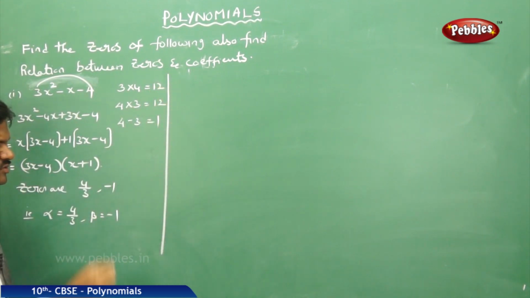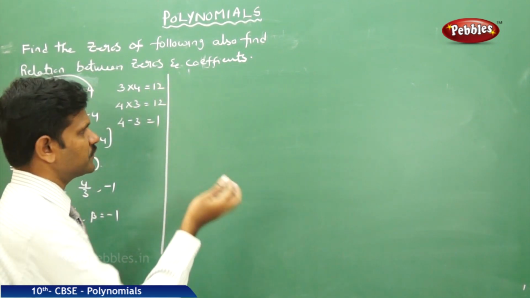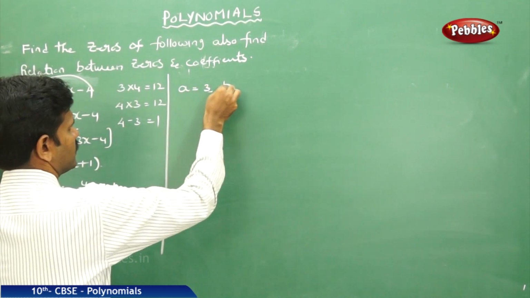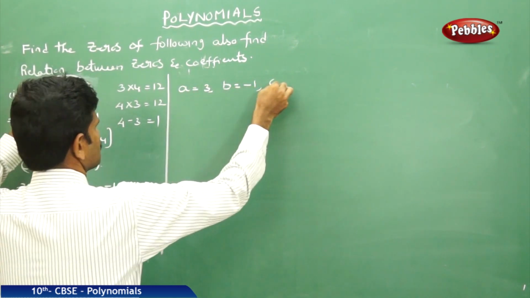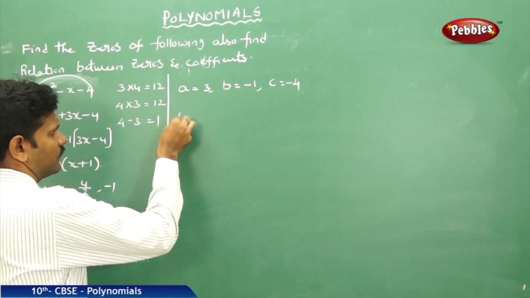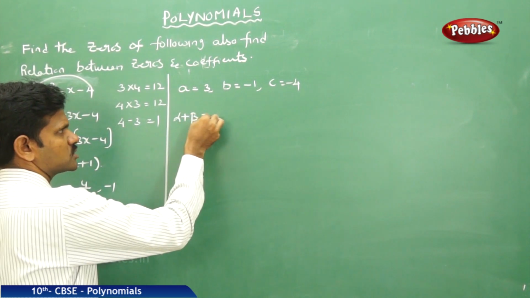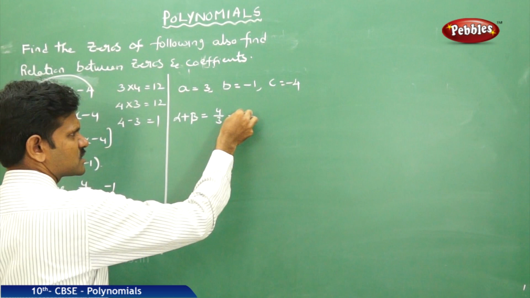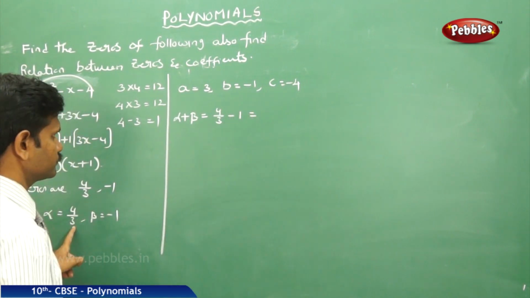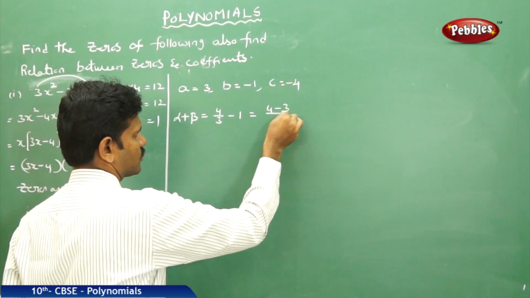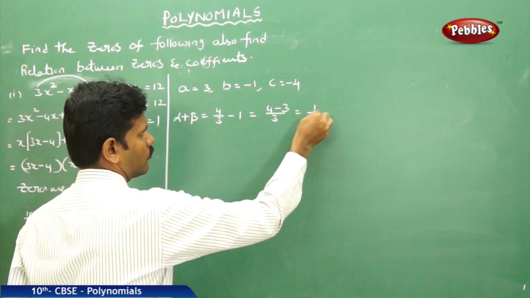Now let us consider the coefficients. A is equal to 3, b is equal to minus 1, c is equal to minus 4. Alpha plus beta is equal to 4 by 3 minus 1, that is after simplification, 4 minus 3 by 3, that is 1 by 3.